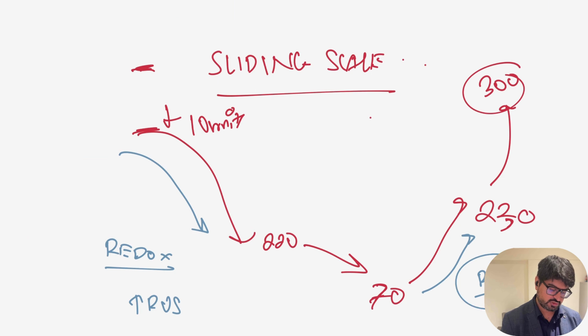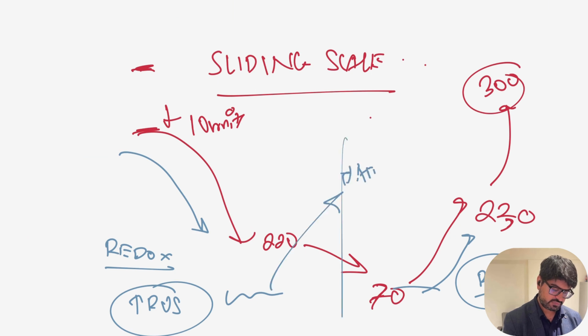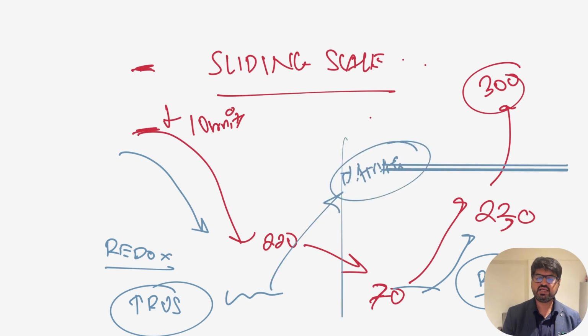This reactive oxygen species, they accumulate, and this accumulation of reactive oxygen species leads to damage. Right? So whenever the blood sugar goes down or the blood sugar goes up, there is a change in the reactive oxygen species, and this reactive oxygen species is what leads to both microvascular and macrovascular damage.